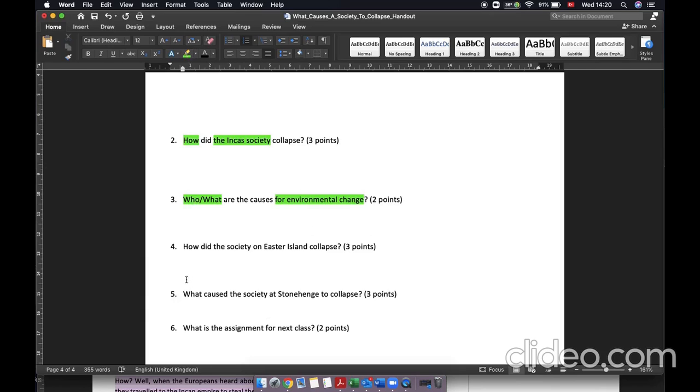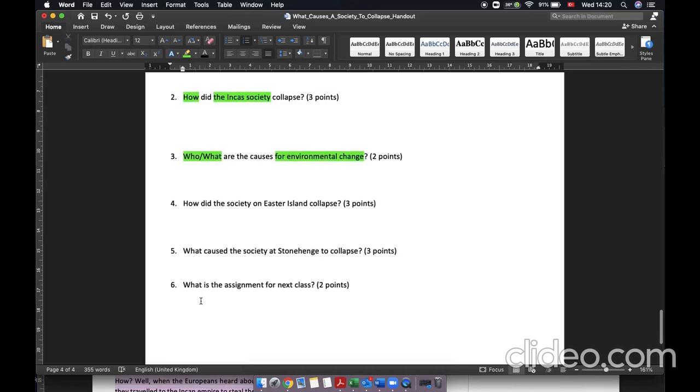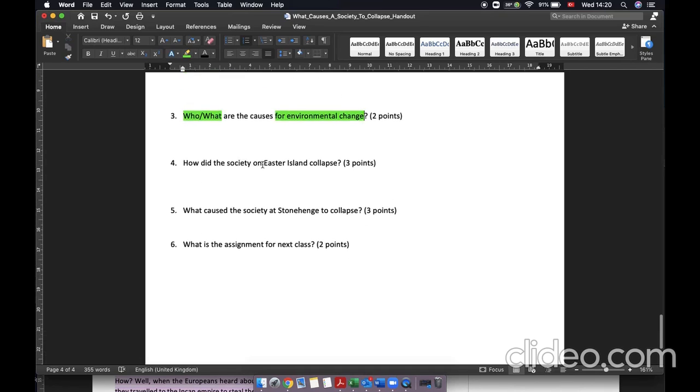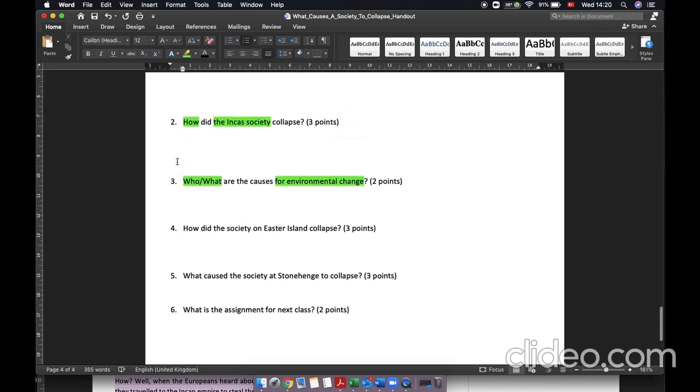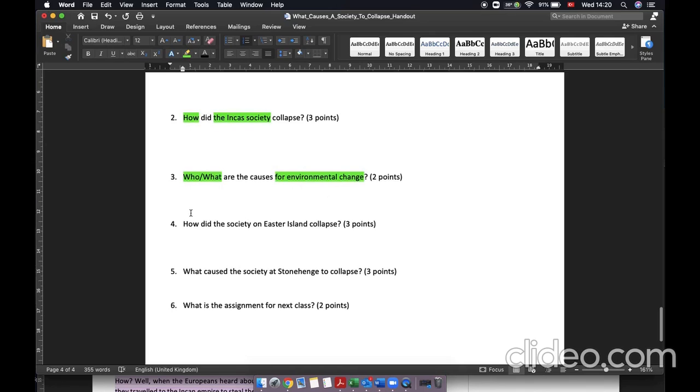So you need to write down here. And how did the society on Easter Island collapse? Like in question 2, here you need to write down the reason for the society on Easter Island to collapse.